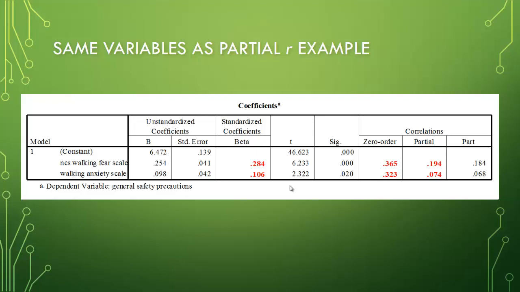So the partial correlation tends to line up in order the way that the beta does, but this won't always be the case. In some instances the order will be reversed among variables or in different order, and that's okay, just as long as we usually refer to the standardized coefficient or the beta value to determine the impact of the predictors on the dependent variable.